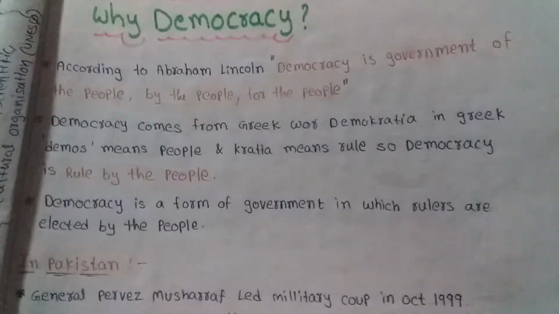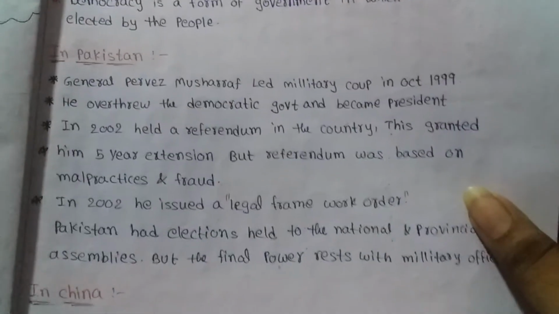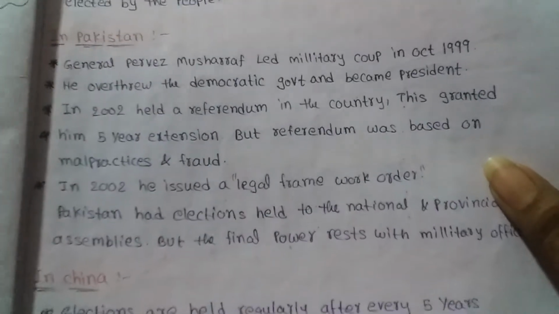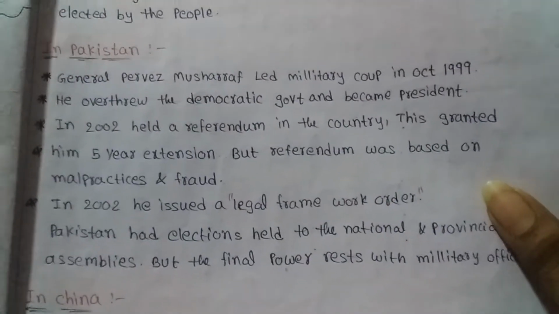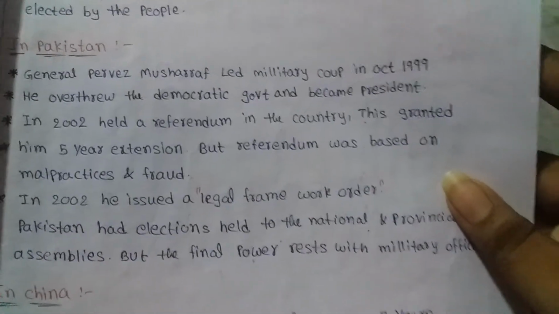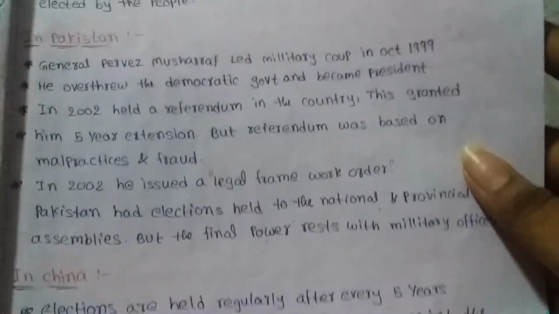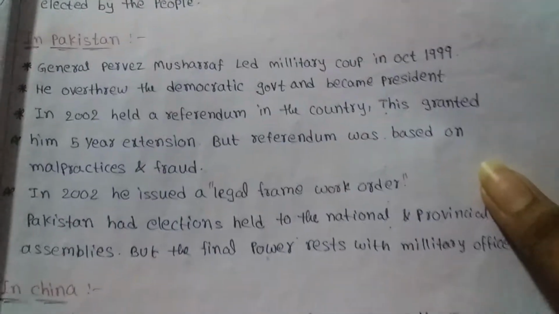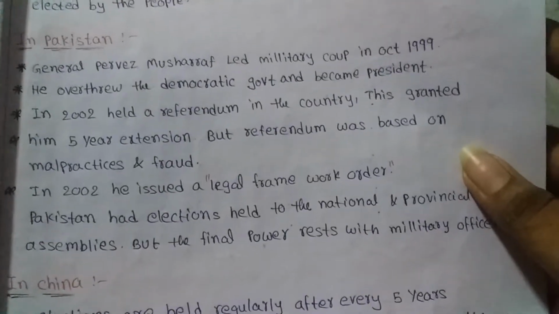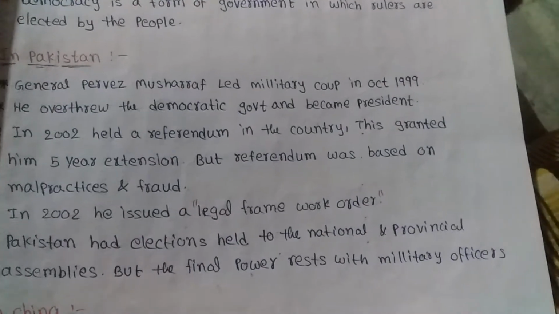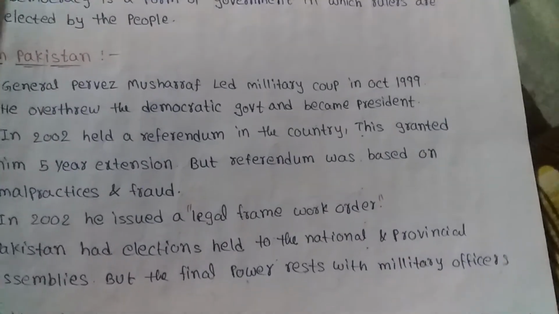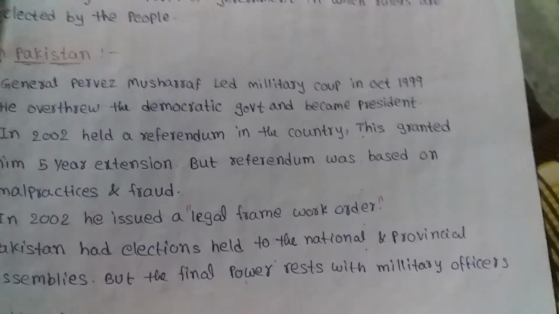So, here in this chapter, they have given us two example countries. They are Pakistan and China. They are named as democratic, but they are actually not performing the policies of democracy. So let's see the two examples. In Pakistan, in 1999, General Pervez Musharraf led a military coup, and he overthrew the democratic government and became the president.